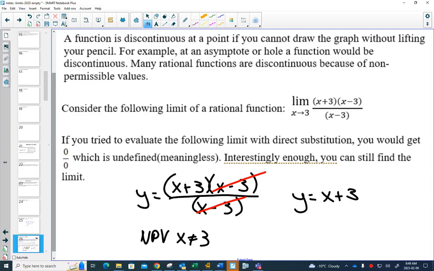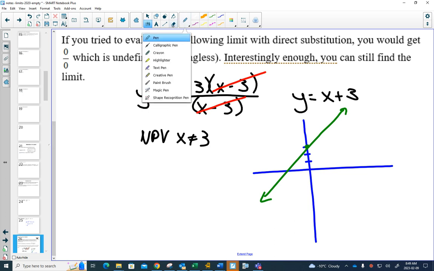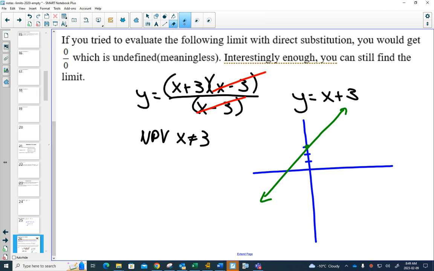So when I go to graph this, I would have this line, but I would be like, oh, wait a second. At x equals 3, I have to make a hole in that graph because 3 was not allowed.